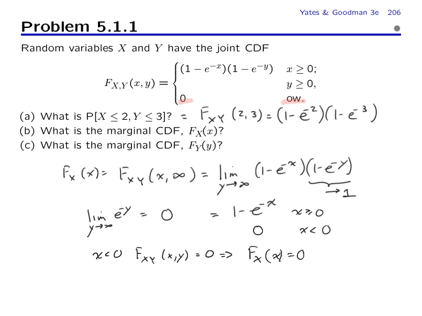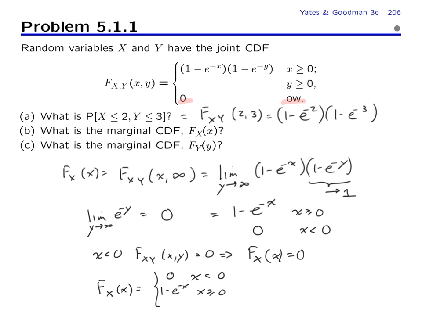So we have a 0 here. And finally, if we combine these facts, we obtain that this is 0 for x less than 0, and 1 minus e to the minus x for x greater than or equal to 0. And we see from this CDF that x is actually just an exponential random variable with parameter lambda equals 1.